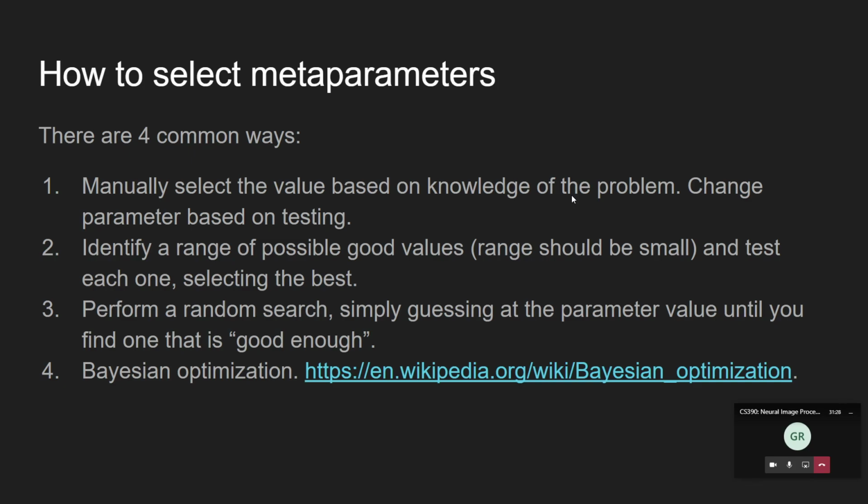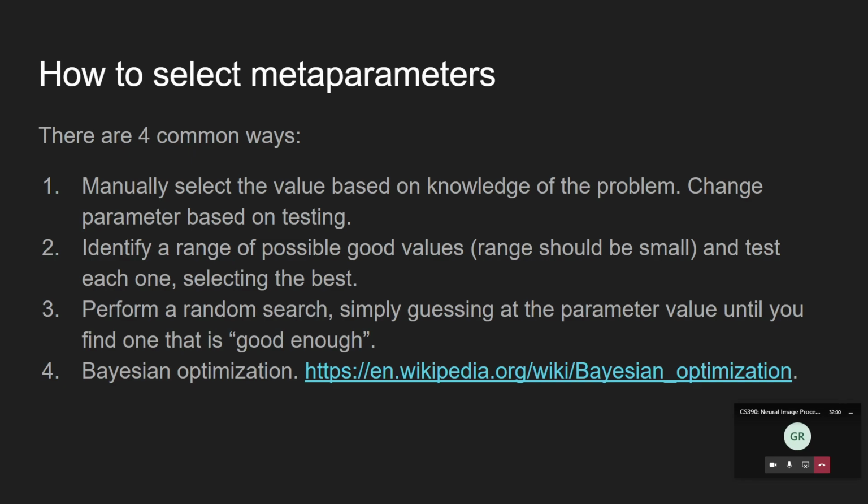You might know certain things about similar problems, or maybe you just know what the structure of the problem's kind of like, so you can focus on that to figure out what it should be. But you can use that information to get a start and then refine it by testing it with various different parameter choices.